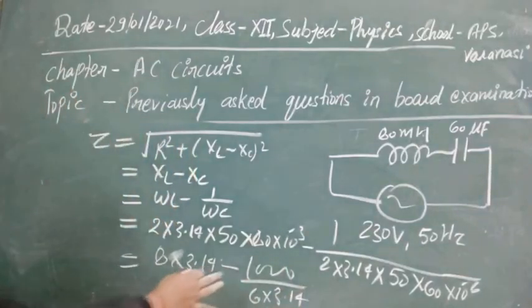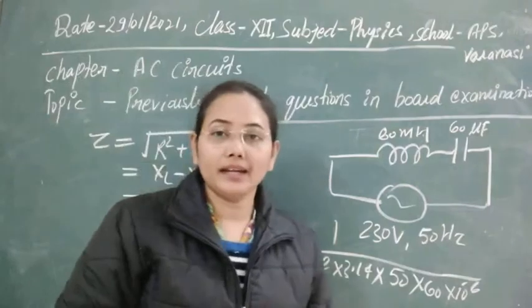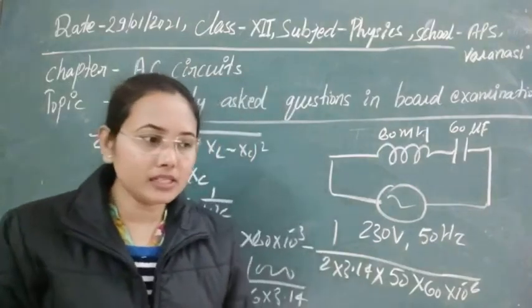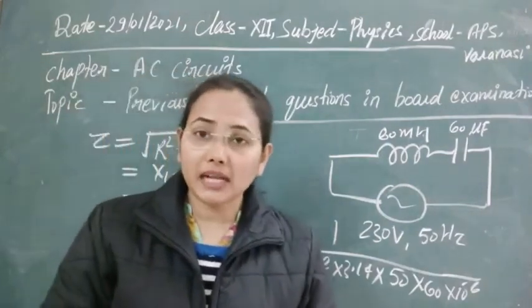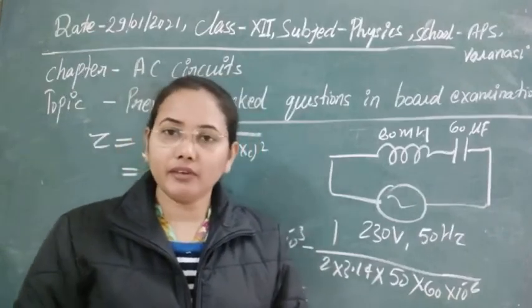You can again solve it by yourself and find out the value of impedance in this circuit. Now that we have found the impedance, we can find the current amplitude. Amplitude is the point where we get the maximum value in the circuit. So we again have to find the maximum value of current here.